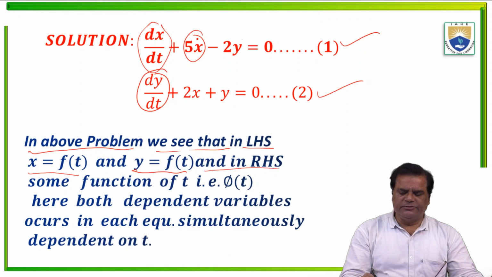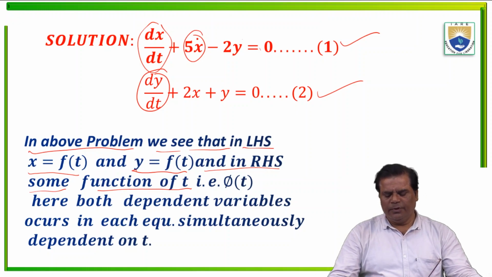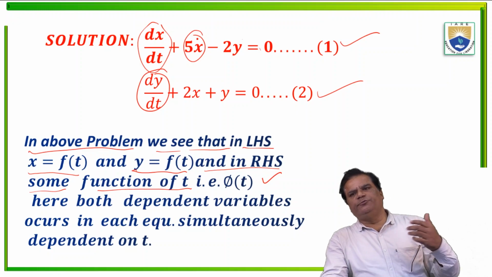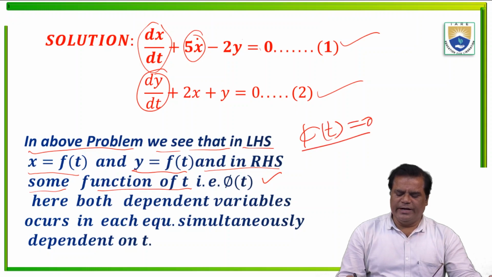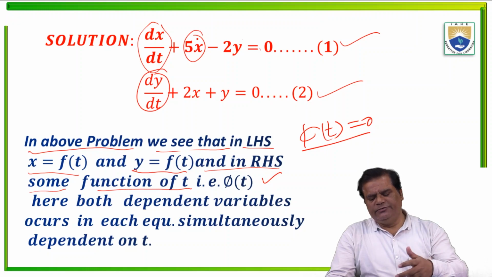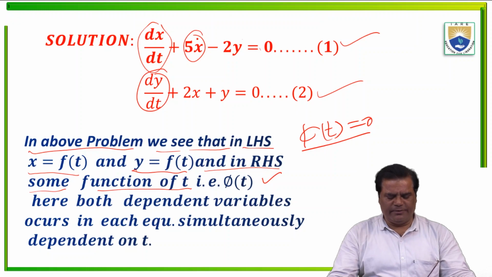And on the right hand side, there should be some function of t, that is phi(t). But in this question, phi(t) is 0. The right hand side has value 0.